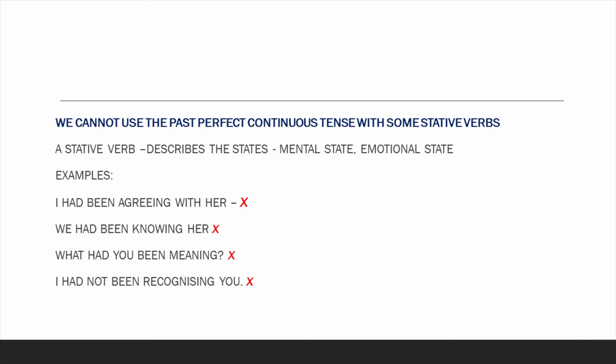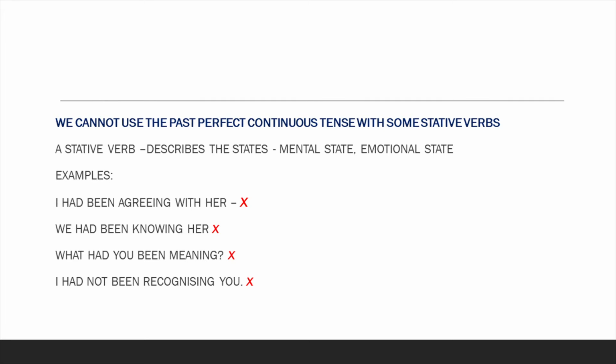We know the uses of the past perfect continuous. Now, let's see when we can't use the past perfect continuous. Right. So you can't use the past perfect continuous with stative verbs. We have recently made a series of videos on stative verbs, so you can learn more about stative verbs in that video.